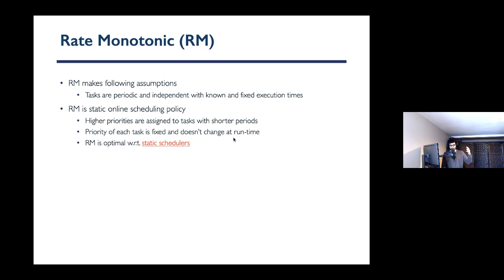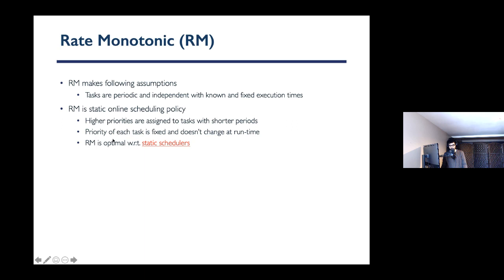So it basically sorts tasks based on their period, and it assigns tasks with lower period higher priorities. Simple. Now, one thing that I'm not actually going to prove, take it from me, is that RM, rate monotonic, is optimal with respect to static schedulers.